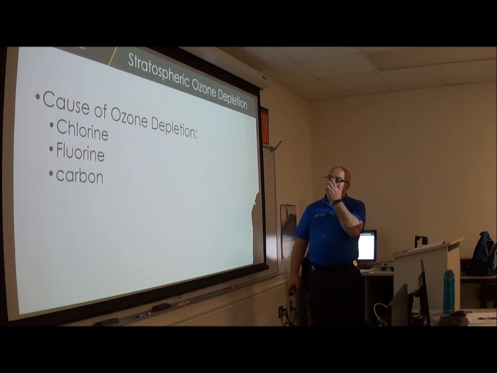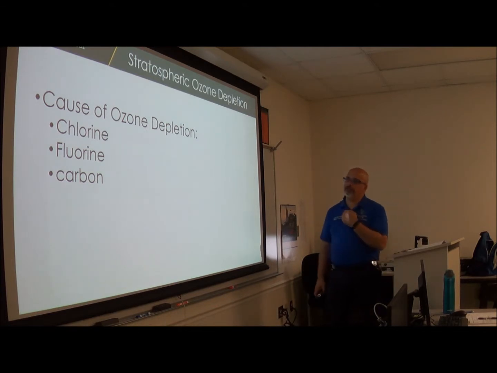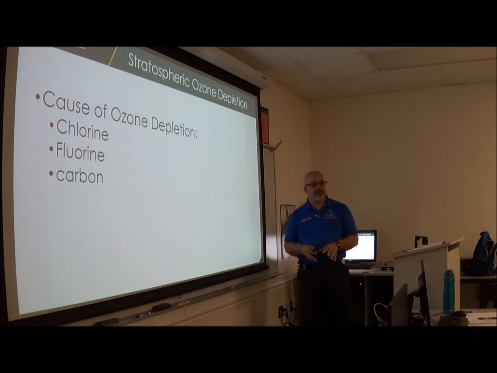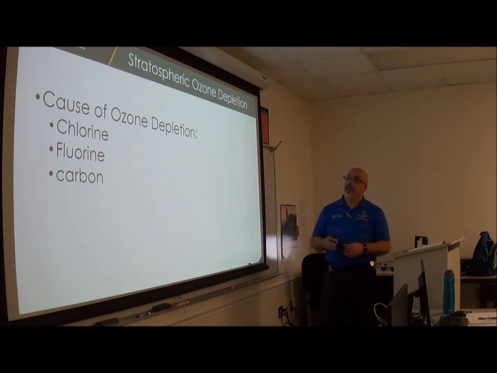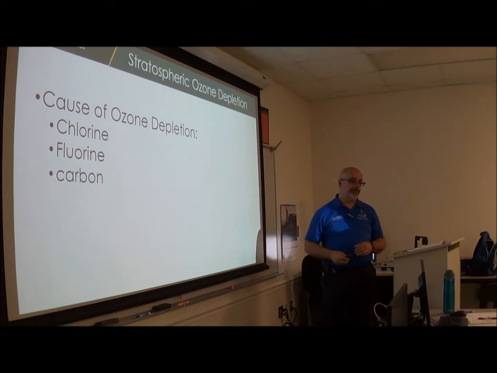So, we spoke at the beginning about the stratospheric ozone depletion, which is what this refrigerant, R12, was harming. The cause of the depletion is the high content of fluorine, chlorine, and carbon.